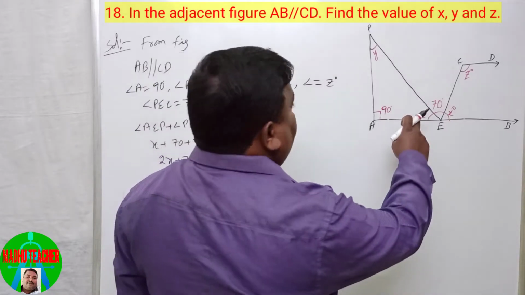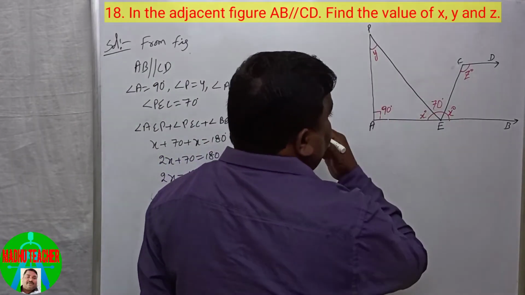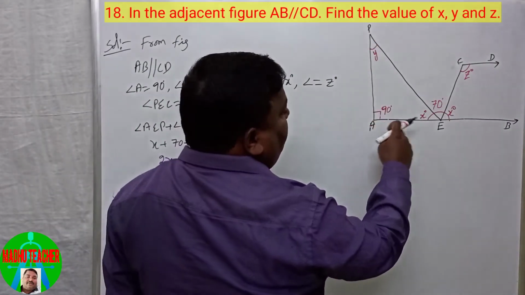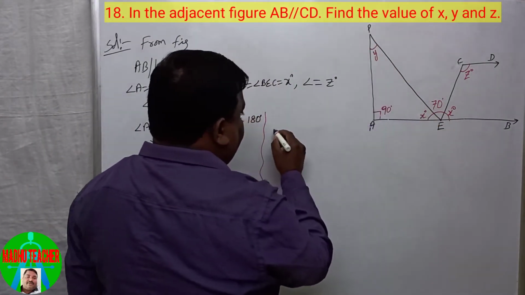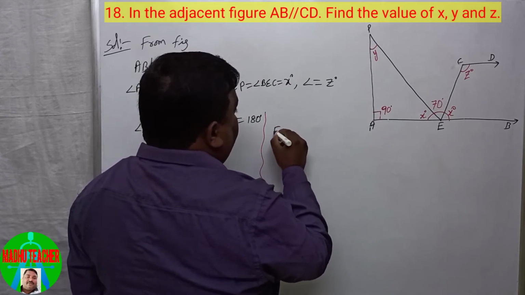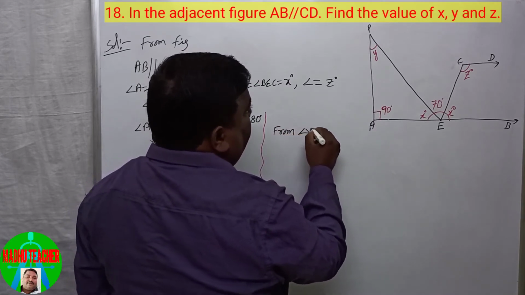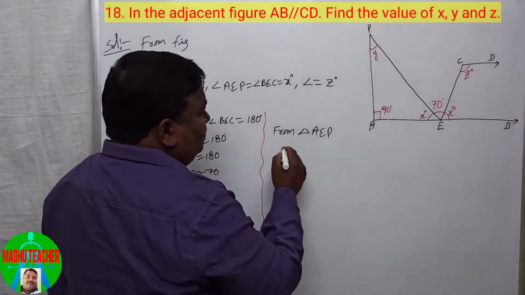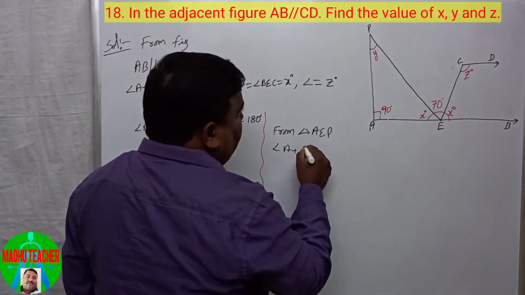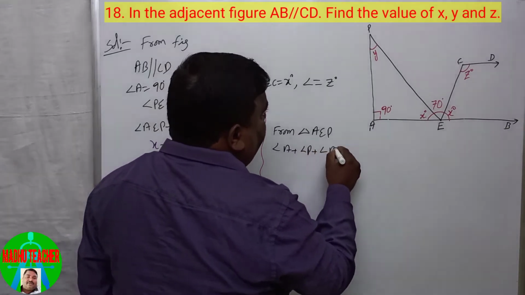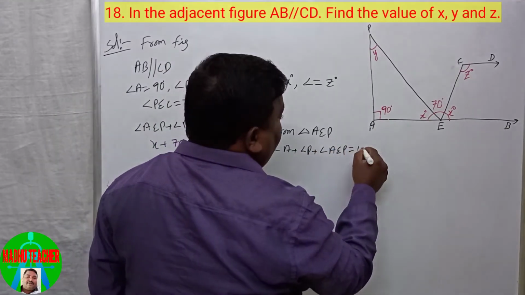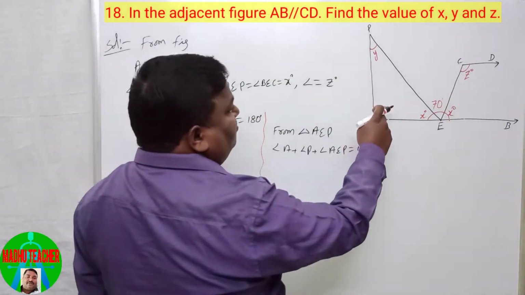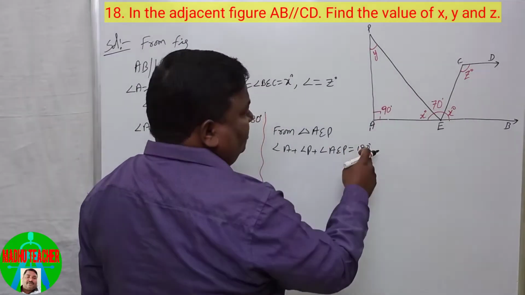Next, we got x. Next y. How can you find y? PAE is a triangle. From triangle AEP, angle A plus angle P plus angle AEP equal to 180 degrees, since the sum of three angles in a triangle is 180 degrees.